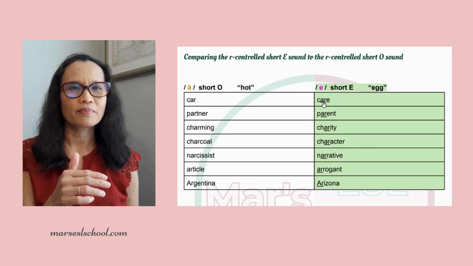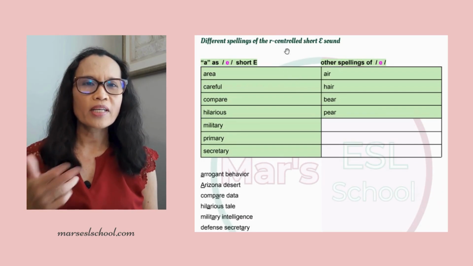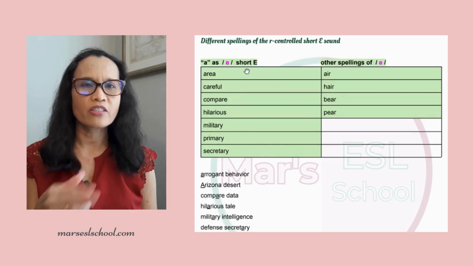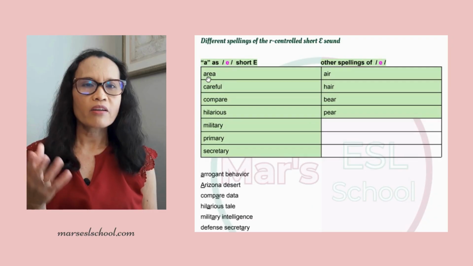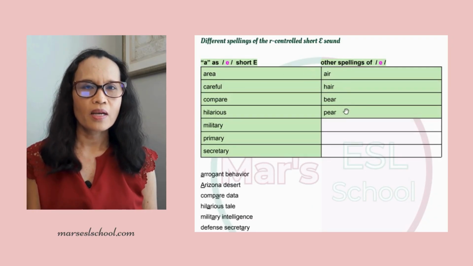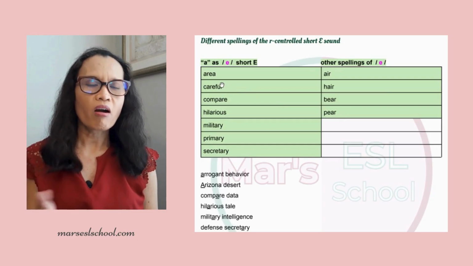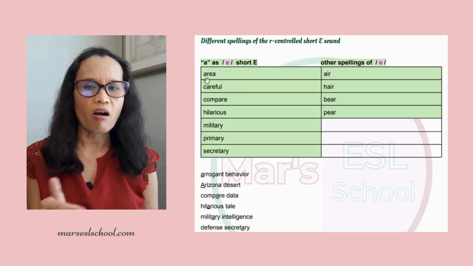care. The R-controlled short E sound can be spelled in different ways. So AR is just one way to spell the R-controlled short E sound. There are other ways to spell the R-controlled short E sound. But let's start with the R-controlled short E sound spelled with AR.